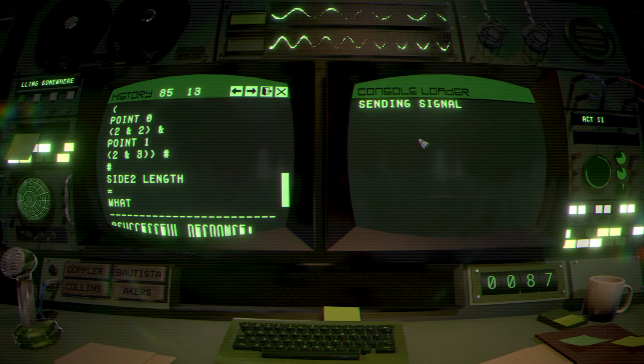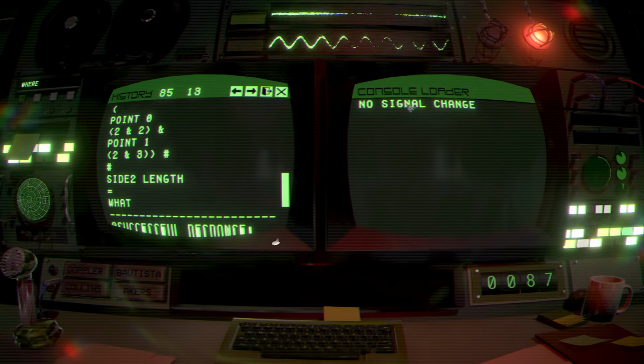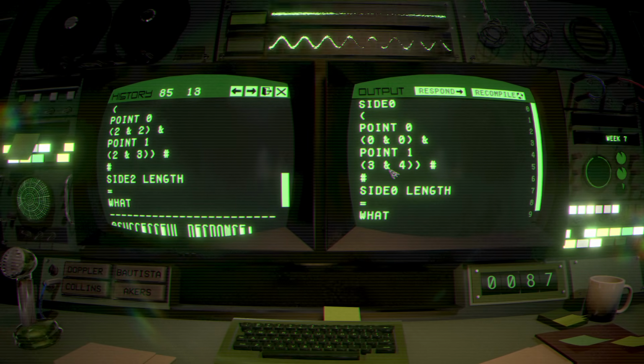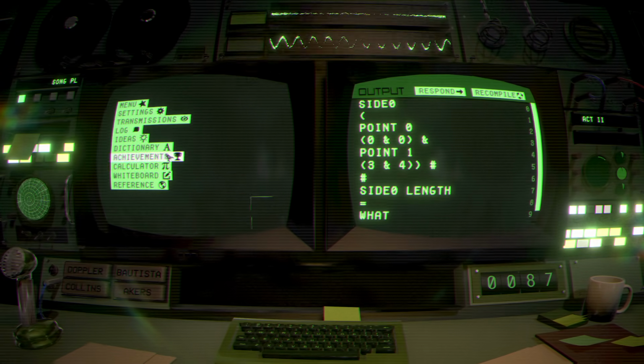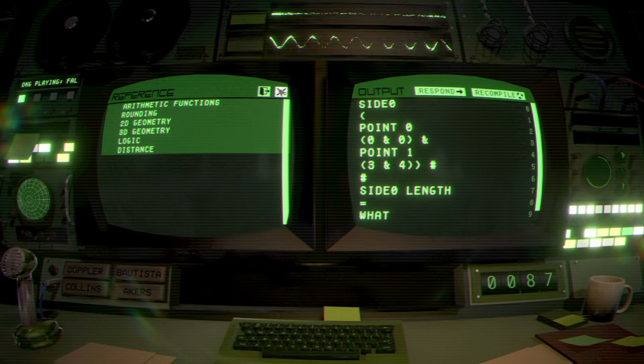I'm trying to think of different stupid ways I could put this in. Geometry.